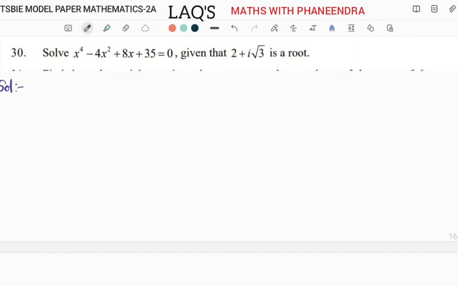So if 2 plus i root 3 is a root, then 2 minus i root 3 is also a root. So first, given equation f of x you can take here. Given f of x is equal to x power 4 minus 4x square plus 8x plus 35 equal to 0. Keep it as equation number 1.